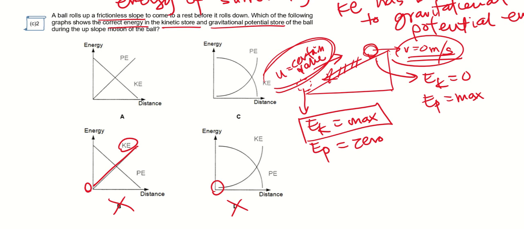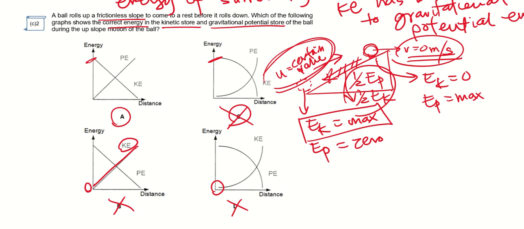So it is either A or C, but which one is it? Both of them started at maximum value for the energy in the kinetic store. I would say that it's A and not C. Why? If I ask you to think about halfway, there will be half of the energy in the kinetic store and half in the gravitational potential store, but they add up to one part.